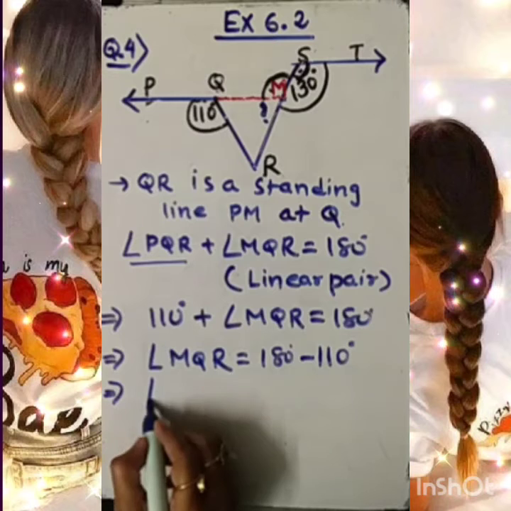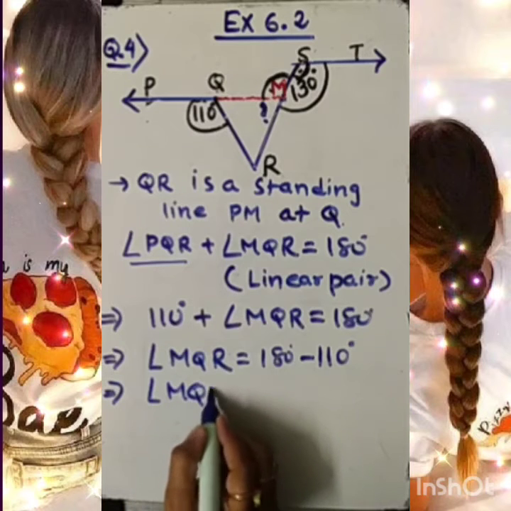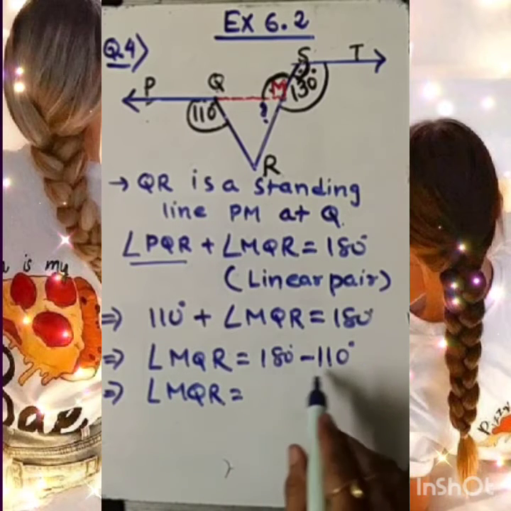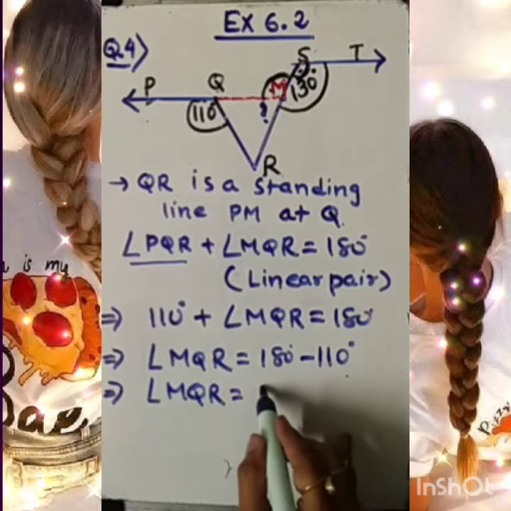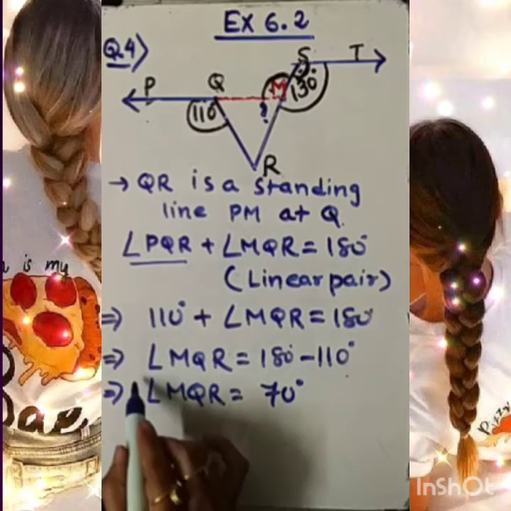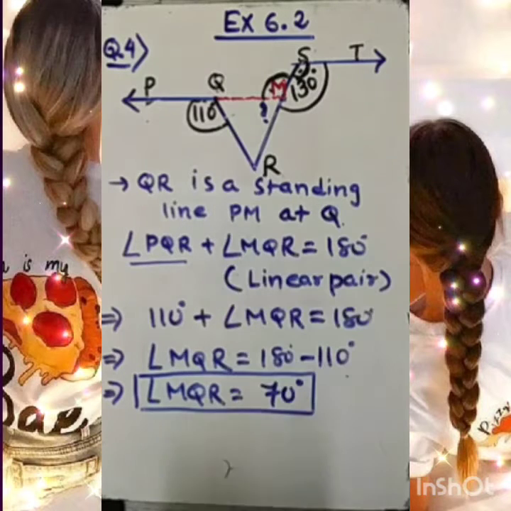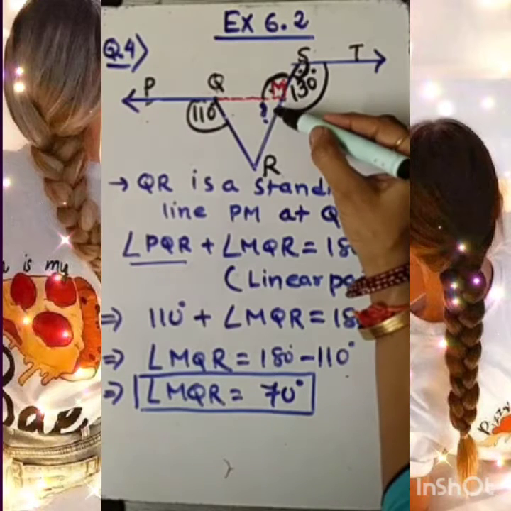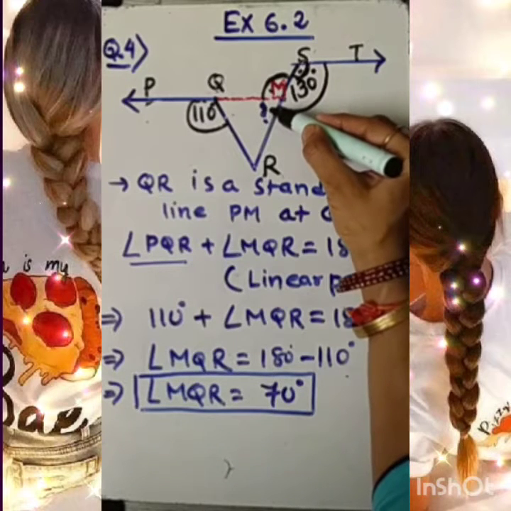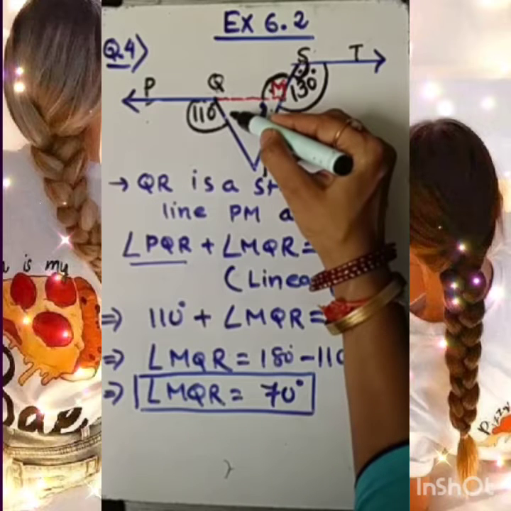So angle MQR is equal to 180 minus 110. As you already told me, 70 degrees. The value of this angle is 70 degrees. So finally, these two angles, we got the value. This was 50 degrees. This is coming 70 degrees.